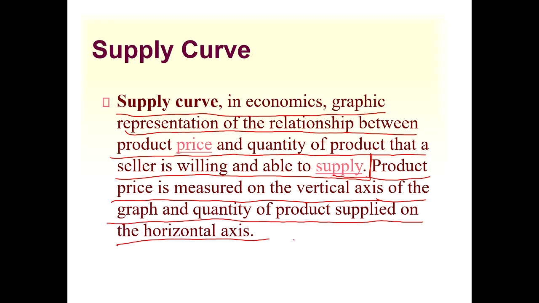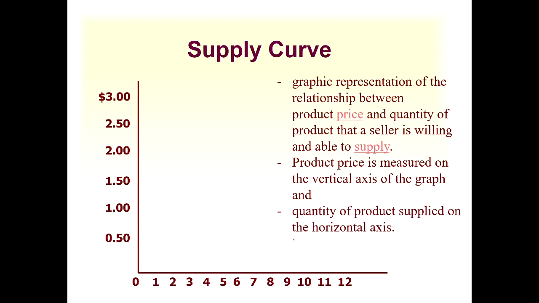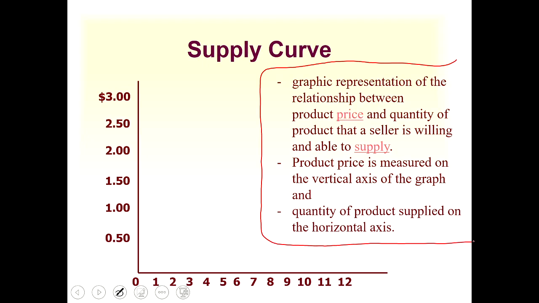So now we will see the supply curve in the form of a graph. Here, just ignore this part for now. Concentrate on the left side. On the y-axis, we have prices: $0.5, $1, $2, $2.5, and $3.